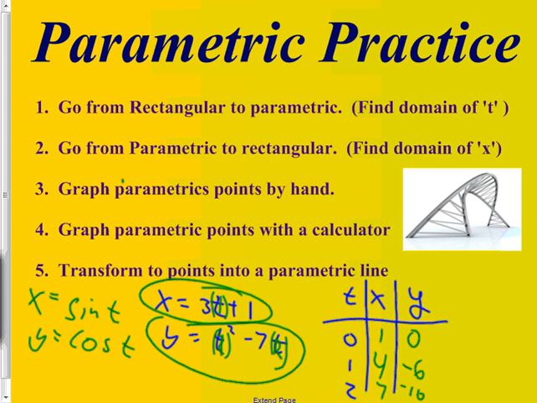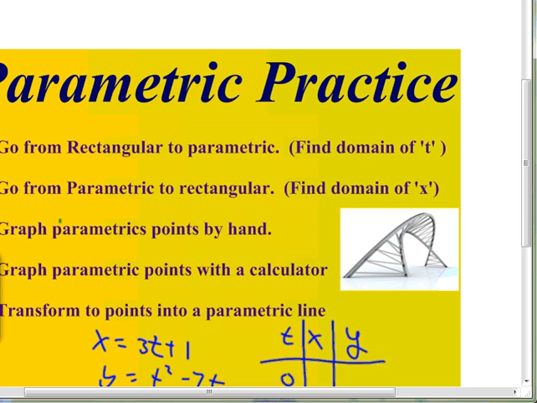Angles. So if I ask you to find sine of 30 or sine of 90 or sine of pi over 2, which is the same thing as 90, you should be able to do those. All the easy ones. And besides, you'll have a calculator, so if you had to, you can type in sine 90. Just make sure you know what mode you're in on your calculator. If you're using parametric, and you want to be in radian mode, just use radians. It'll be fine.